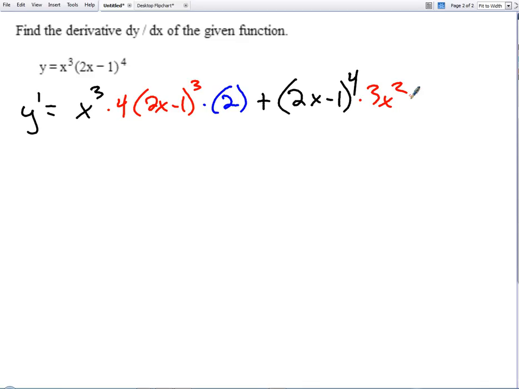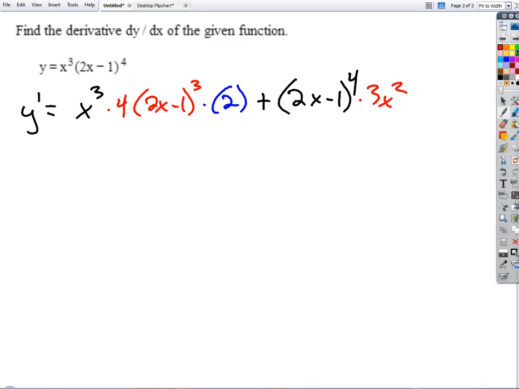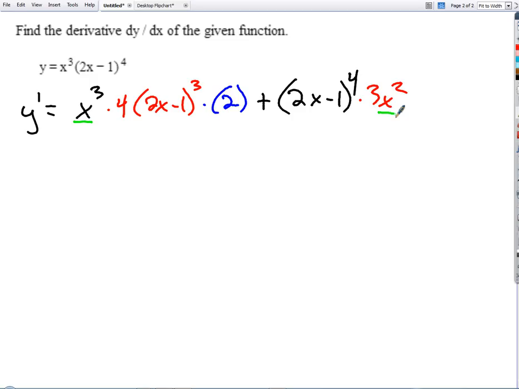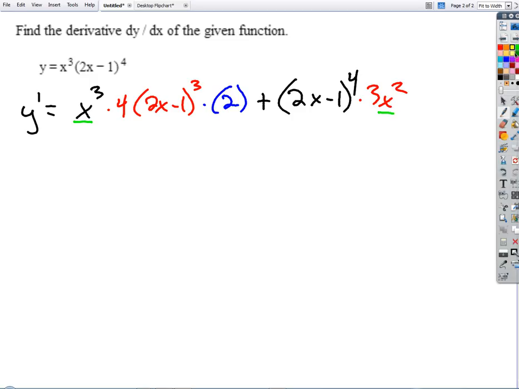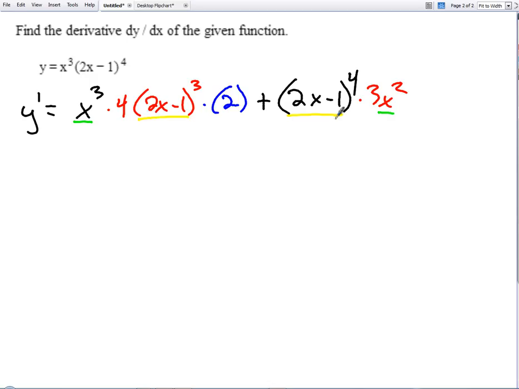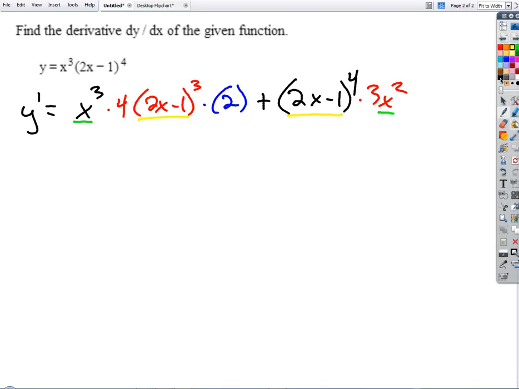Okay, good. So I've got some like bases here, don't I? I've got the like base x there and there, right? And I've got the like base, the quantity 2x minus 1 there and there. I can factor both of those out. Let's take out the biggest common powers of both of those bases.